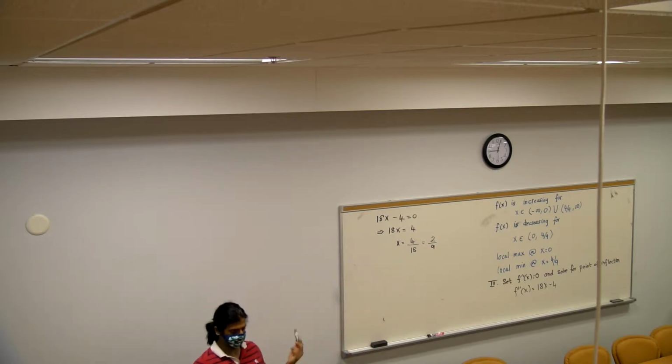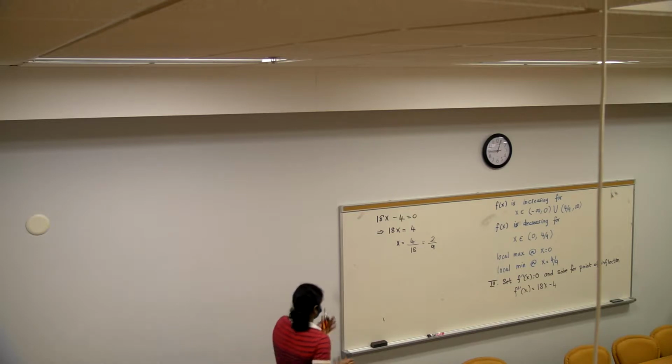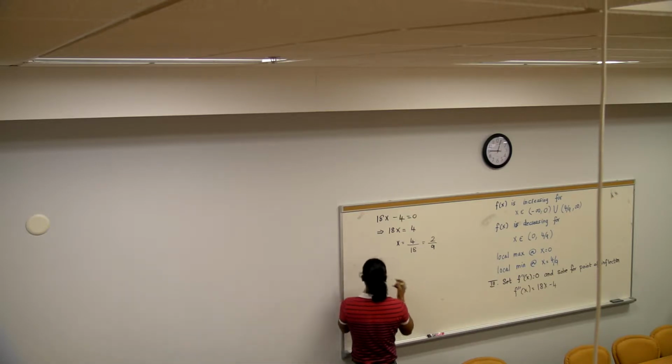Even before I started this, you guys made a guess that it will be between 0 and 4 over 9. Is 2 over 9 between 0 and 4 over 9? Yes, exactly halfway in the middle. So that is the point of inflection.